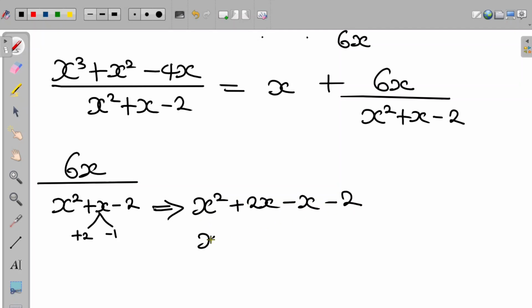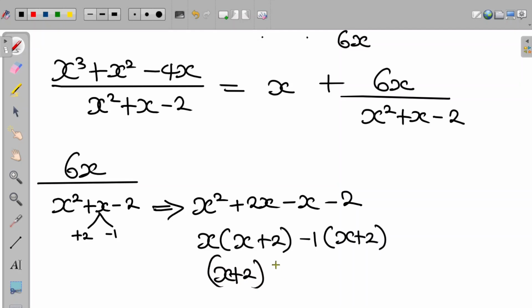And this becomes x, open the bracket, x plus 2, minus 1, open the bracket, x plus 2. So we have x plus 2 multiplied by x minus 1. Therefore, we have been able to factorize the quadratic expression.